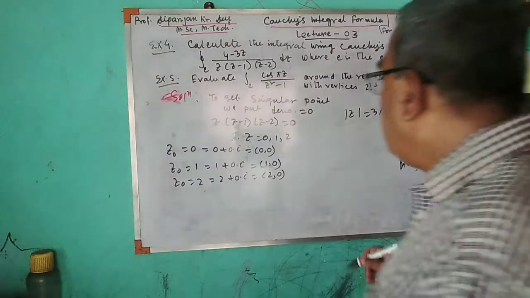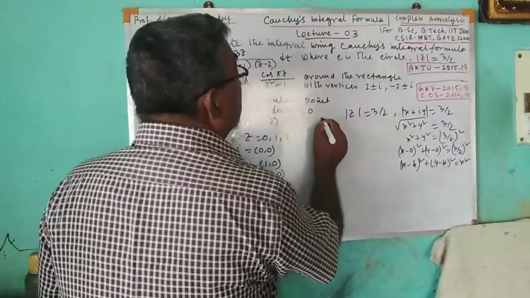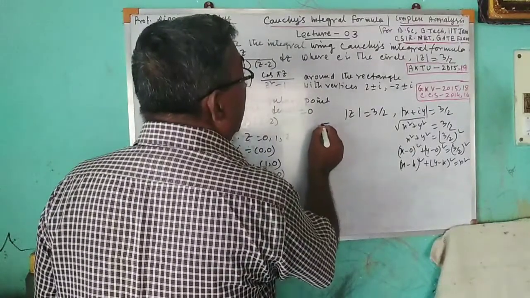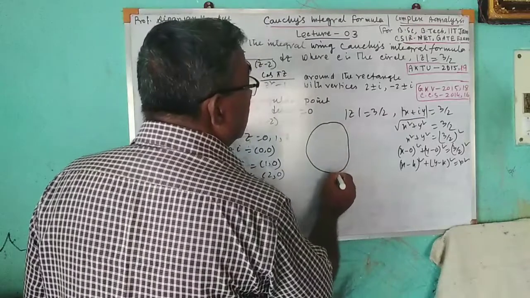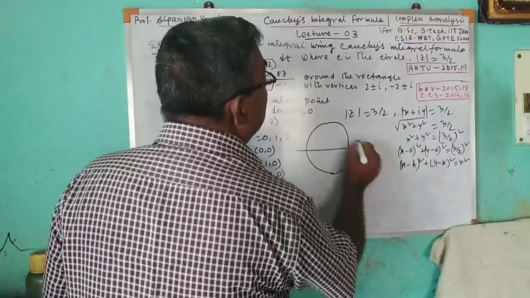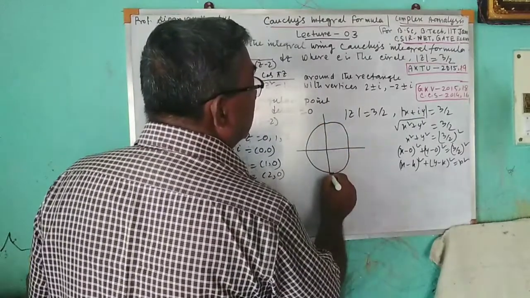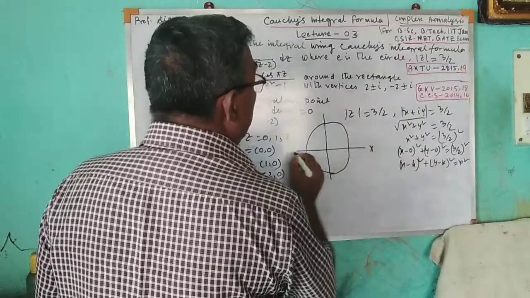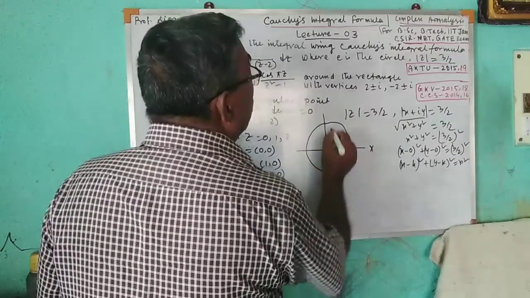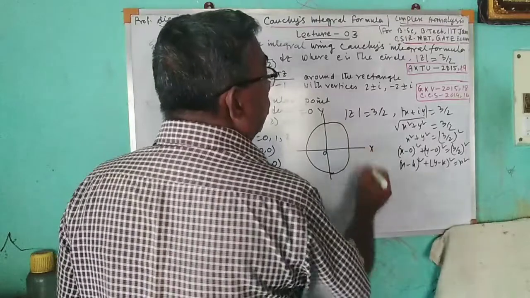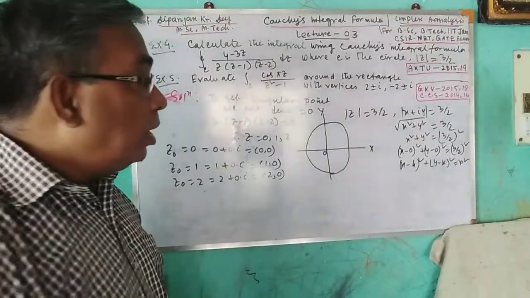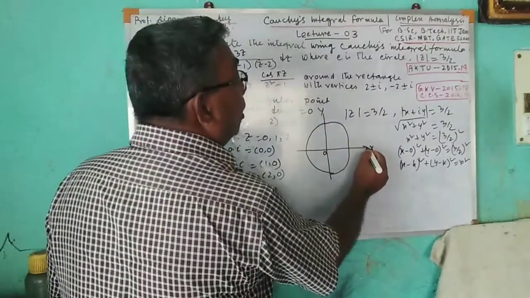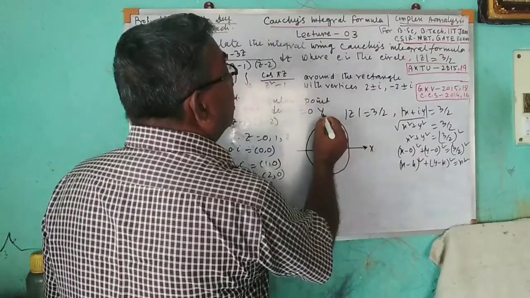So I'm just drawing a circle like this, whose center is (0, 0) and radius is 3 by 2. This is the x coordinate, and this is y. This is the real axis, and the y axis is known as the imaginary axis.